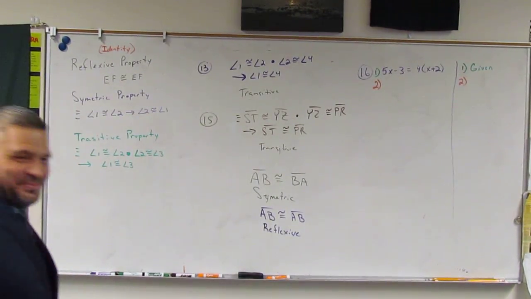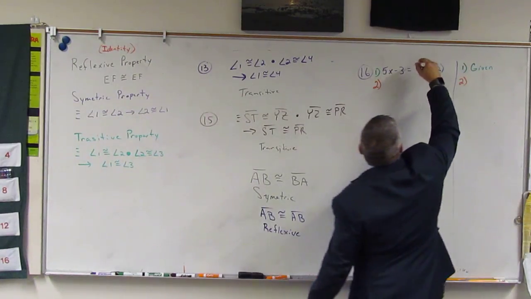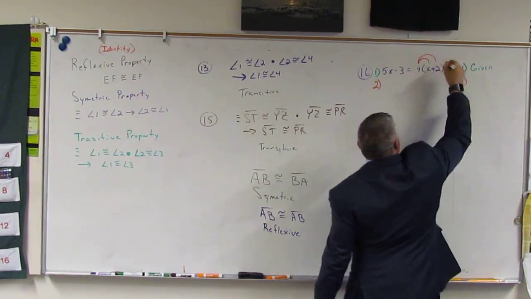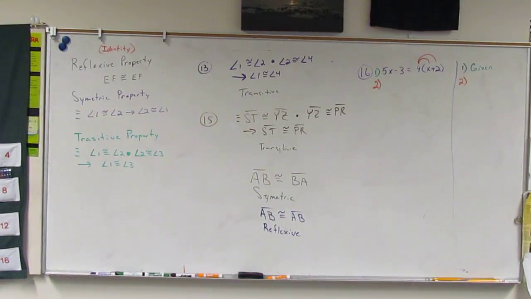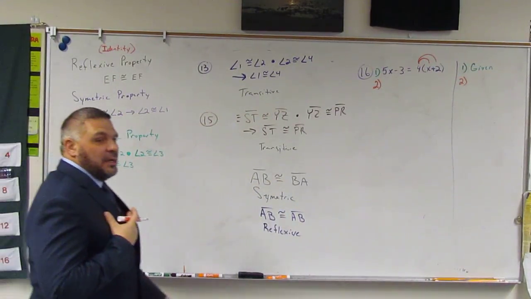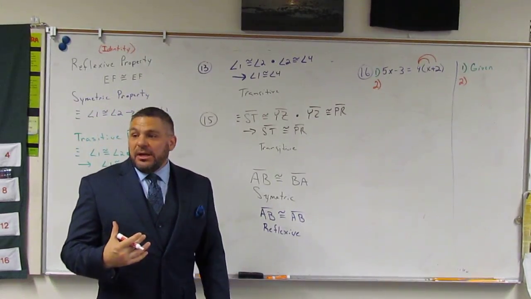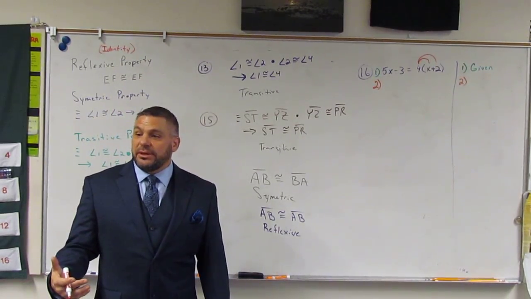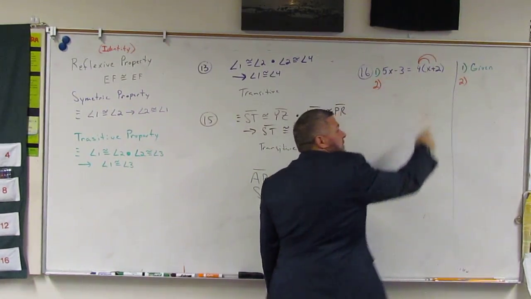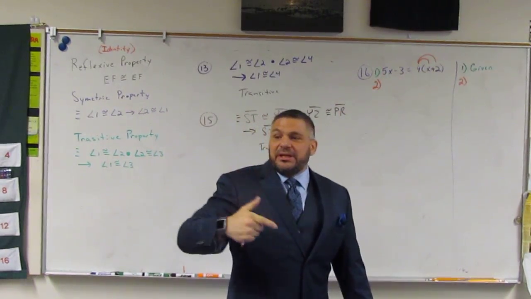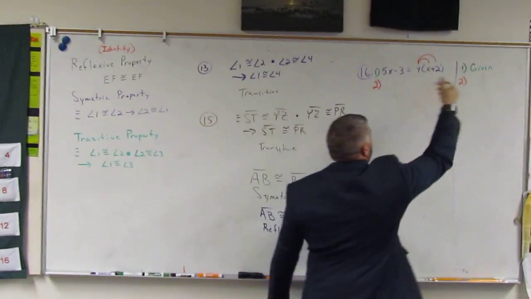So, multiply the 4. That's a great start. Because I can't collect like terms, what I really need to do first is multiply the 4.